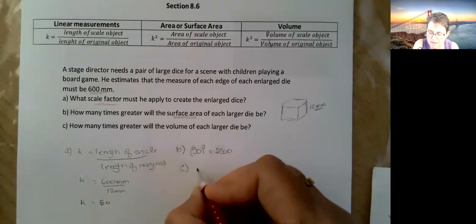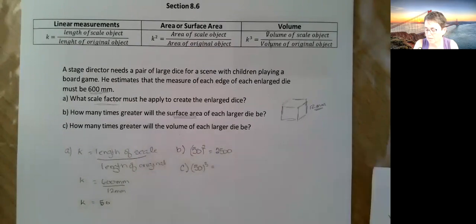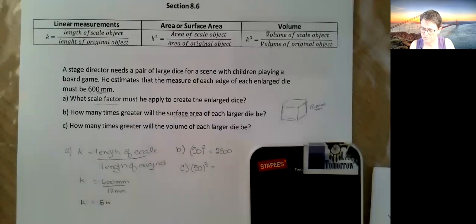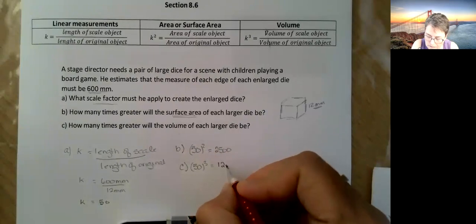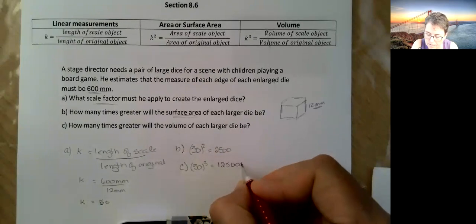And C should be 50 cubed, which I think is 6250. Yeah, I don't know. 50 times 50 times 50. Ooh, that was off. 125,000.